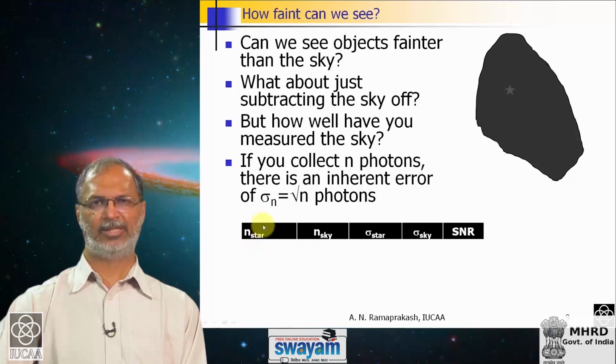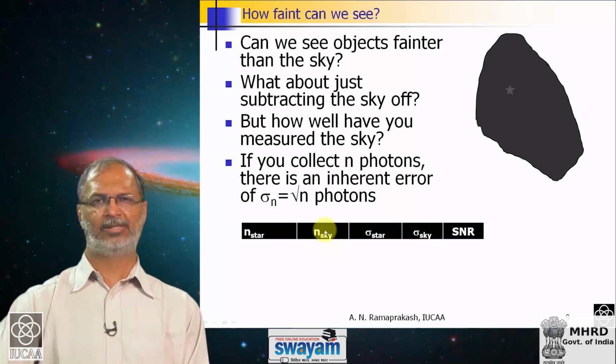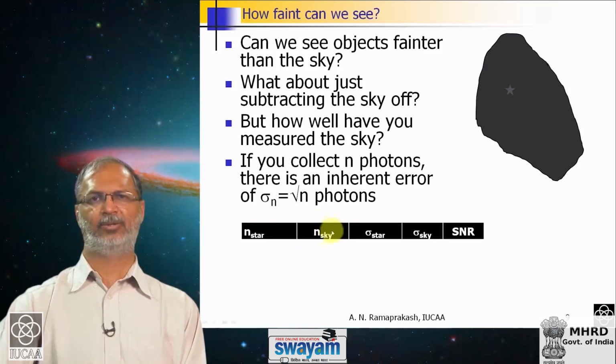You are interested in measuring the light from the star. Any light arriving on your telescope from that direction, which is not coming from the star, like the scattered light from the atmosphere or the light from the moon, all that contributes to what I call here the sky. All those photons collected from those extraneous sources is n sky.